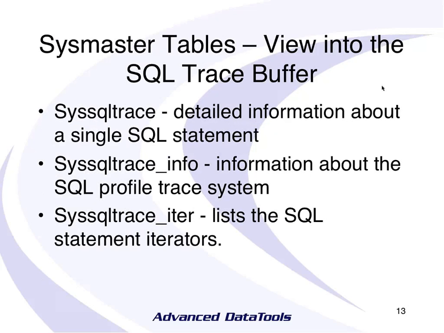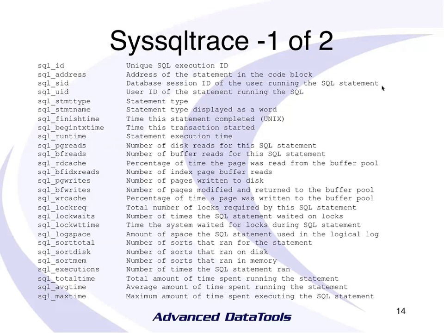Now, there are a couple of SysMaster tables that are views into the SQL buffer. So think of the SQL buffer as this chunk of memory, and these SysMaster tables as raw table views into that chunk of memory. The main one is SQL Trace, which shows you all the information about a single SQL statement. And it has tons of information about that SQL statement.